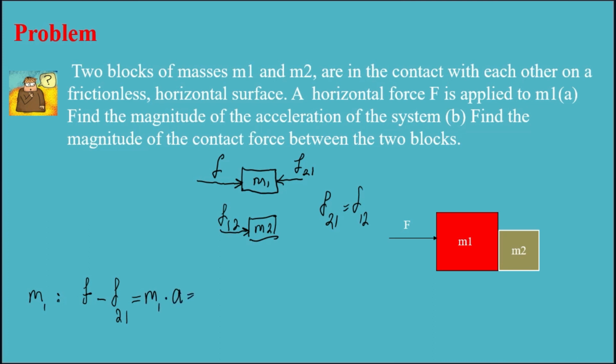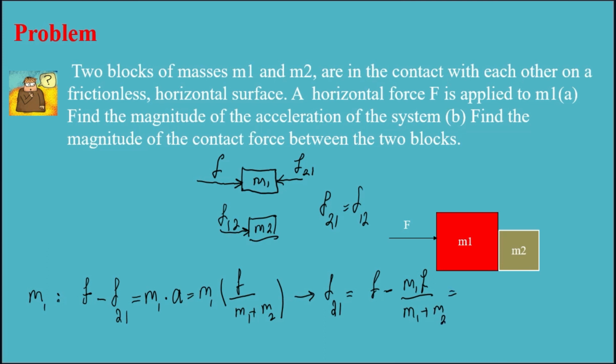From the previous slide, I found the acceleration, F divided by m1 plus m2. My point here is finding F21, so F21 equals F minus m1 times F divided by m1 plus m2.